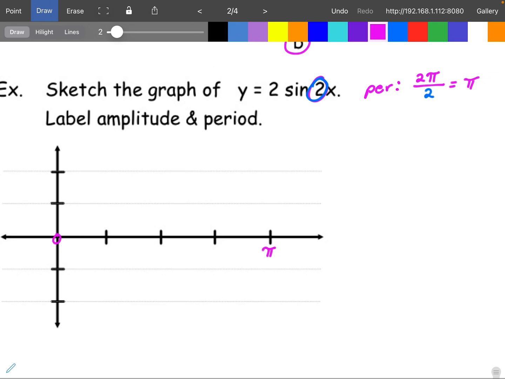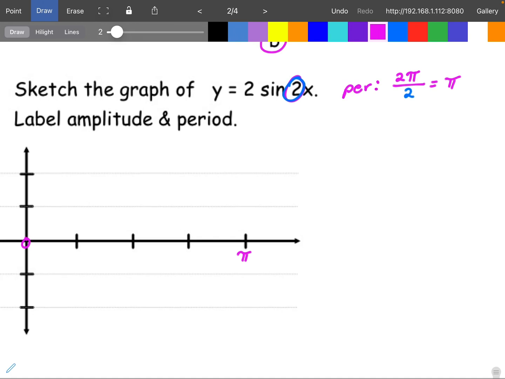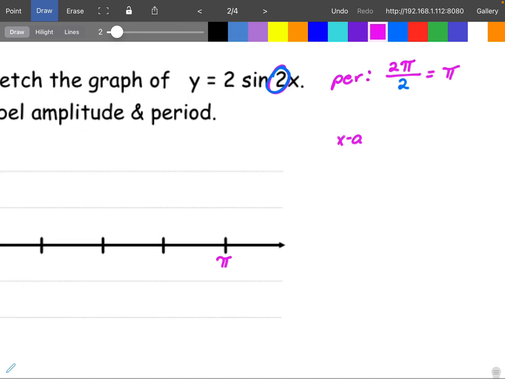No big deal. So when it's not quite as easy to see as this one, then to get your x-axis labels, you are going to take what your period should be, which is pi, and then you're going to divide it by 4. So it's always the period divided by 4.